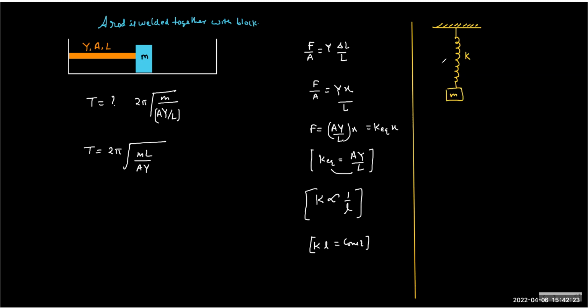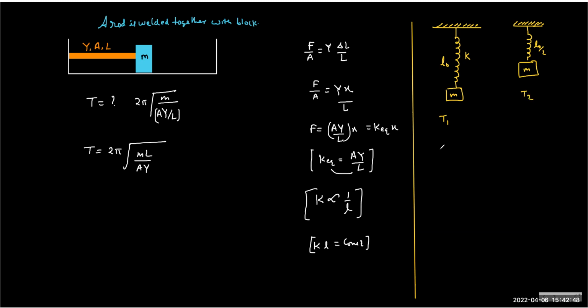Let's say the natural length of the spring is L0. Now if I cut the spring into two halves and suspend the block with one of the halves, if the time period in the first case is T1 and the time period in the second case is T2, what is the relation between T1 and T2?